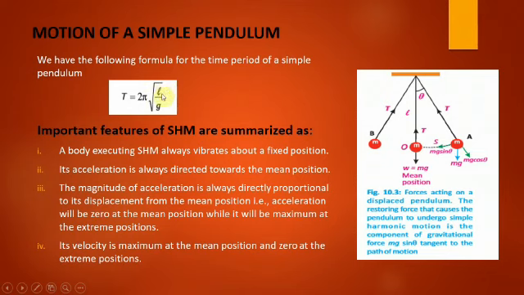There, m was the mass of the object connected to the spring, and in place of g, the gravitational acceleration, there was k, the spring constant. Here L is the length of the simple pendulum, and g is the gravitational acceleration.